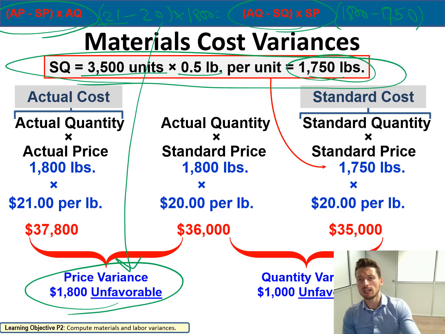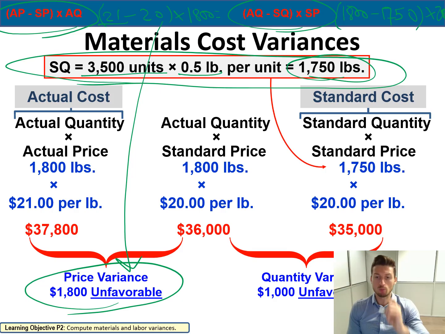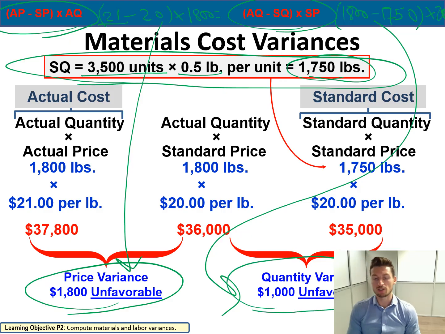I multiply it by the standard price, which was given as 20. So 1,800 minus 1,750, which is 50, times 20, is 1,000 unfavorable. This is called the materials cost variance.